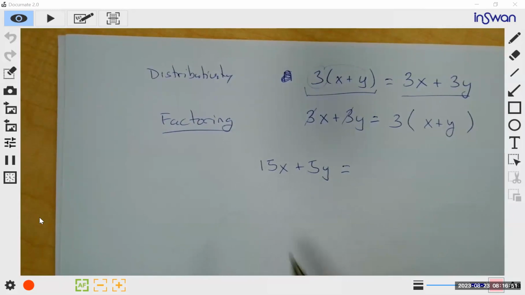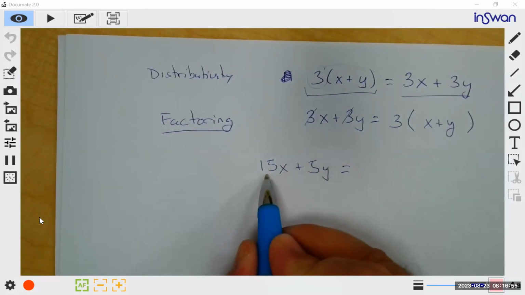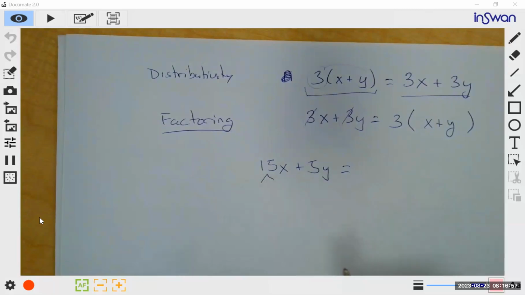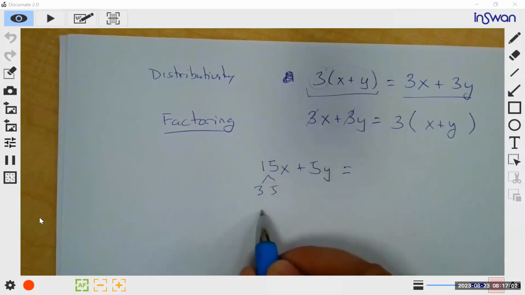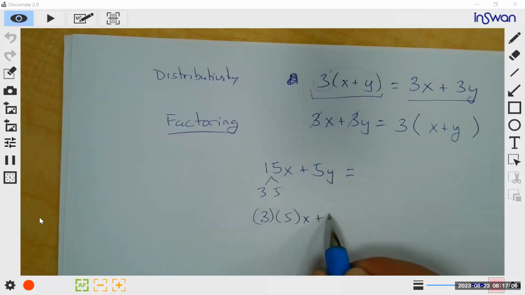What do they both have in common? What is 15 made up of? What two numbers multiply to give you 15? 3 times 5. So this equation really looks like 3 times 5 times x.